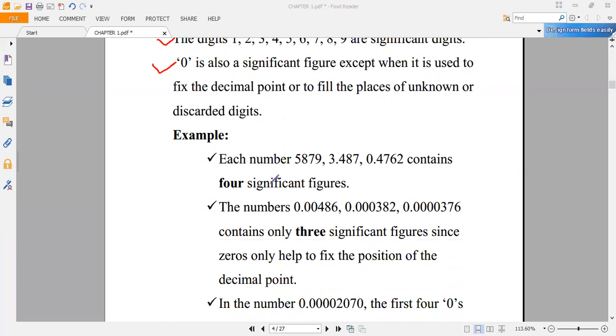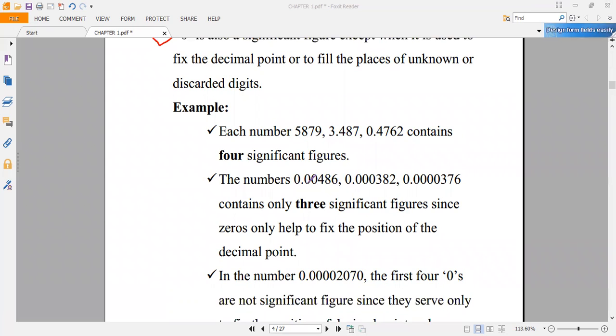For example, you can see the numbers 5879, 3.487, and 0.47262 contain four significant figures. Numbers such as 0.00486, 0.00038, and 0.00036 contain three significant figures.